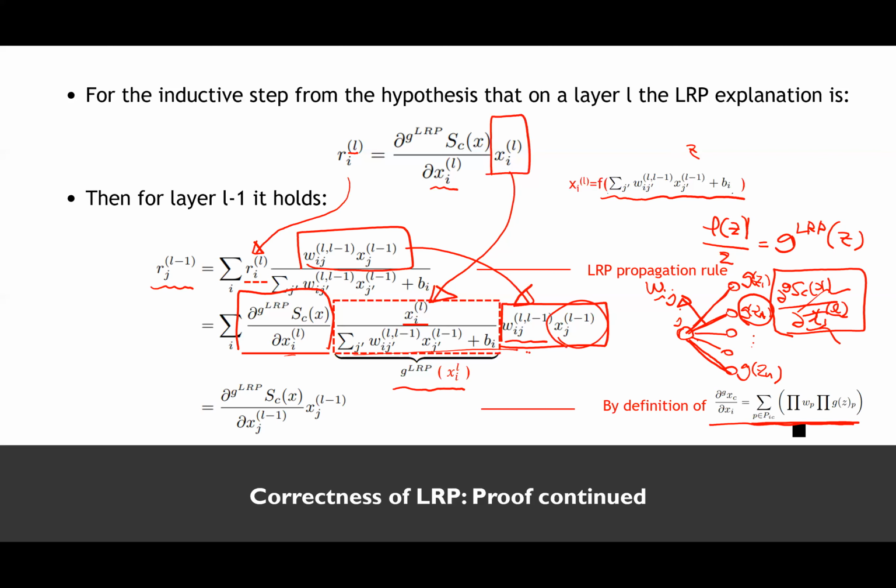Then this is coming out. Then this will be the gradient of the final output with respect to the j's node in the previous layer, n-1 layer, times input. So we can hold that. So this LRP will satisfy gradient times input when f(x), f_z divided by z is a gradient.